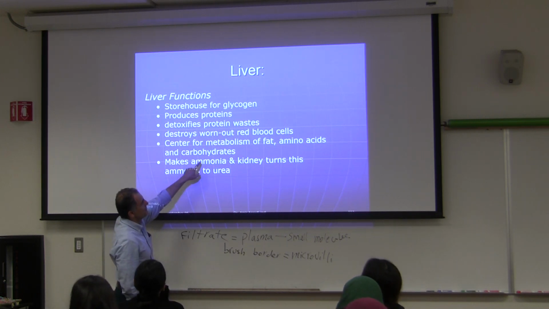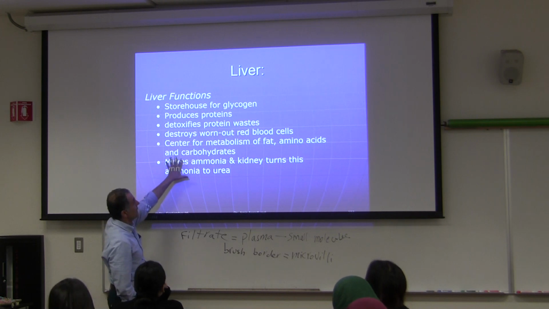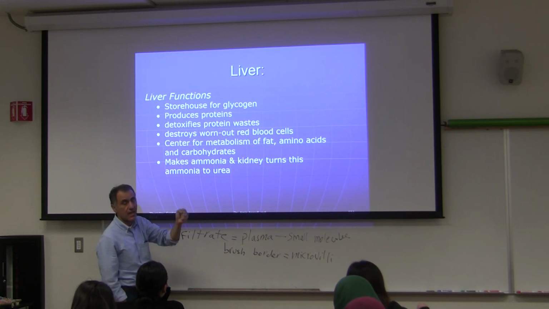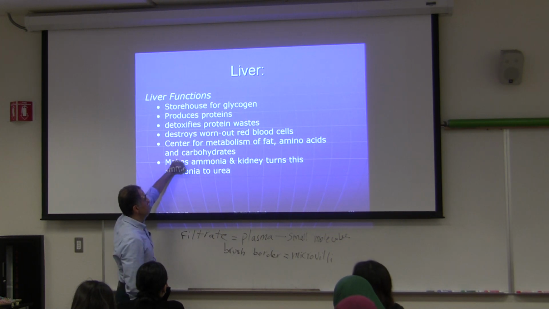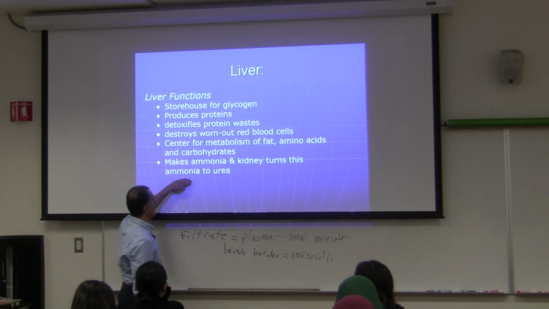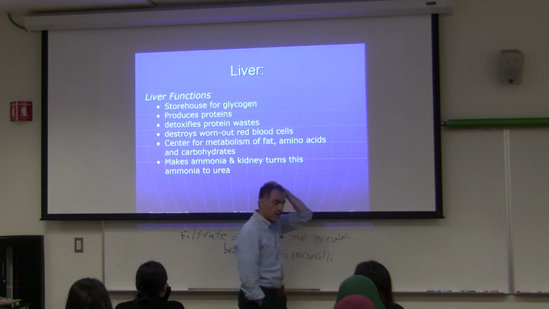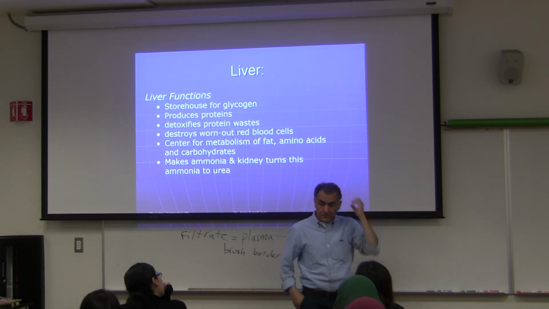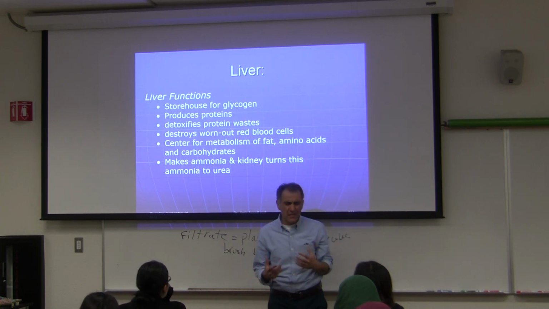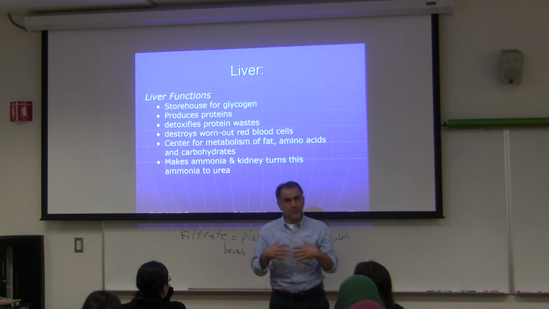The liver is the center for metabolism of fat, amino acids, and carbohydrates. Of course, I didn't talk about it. If you take a nutrition class, they will talk about this a little bit. The liver makes ammonia, and the kidney turns this ammonia to urea. What happens is, when you eat protein in your diet, some of those amino acids break down.